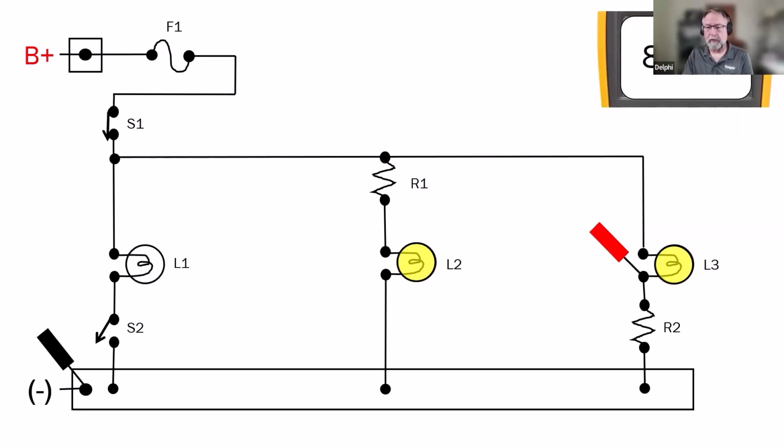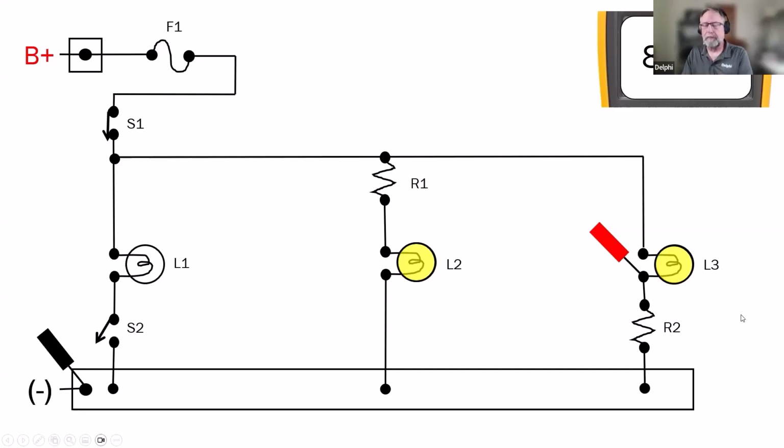Let's take a look at the ground. So we move the lead to the ground, and now there's an 8.97 volt difference between the ground side of lamp 3 and the battery negative post. Is that a problem? Yes, indeed, it is a problem, and would explain why you're only seeing 3 volts across L3, because 9 of those volts are being consumed by this resistor R2, and it is converting that lost energy into heat.